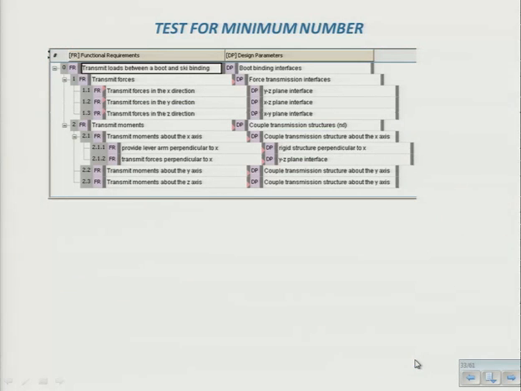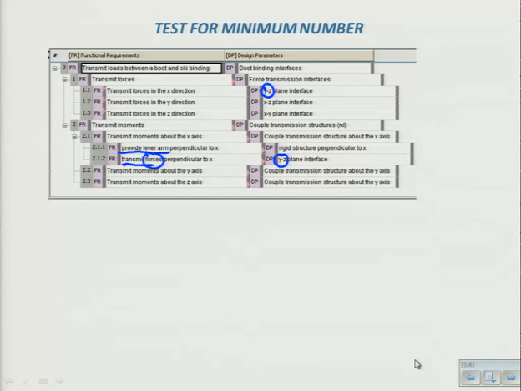All right, test for minimum number. So we look at the next level of a decomposition where we're transmitting moments. We provide a lever arm and transmit a force. So we get the lever arm and the force. Well, this is transmit a force. Well, we're just talking about that. YZ plane, YZ plane. If we can transmit the moments, we can transmit the forces. The opposite is not necessarily true.